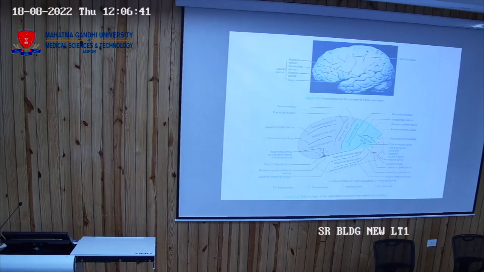Next thing, this is called the superolateral surface of the cerebral hemisphere, and one is the medial surface, and third is the inferior surface of the cerebral hemisphere. So we can say the cerebral hemisphere has three poles, three surfaces and three borders.